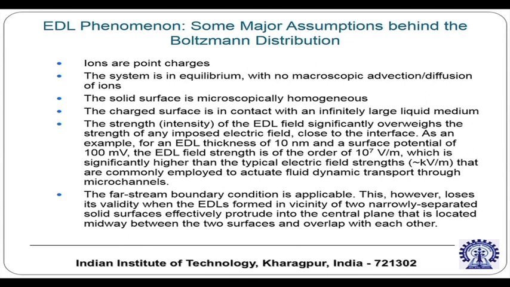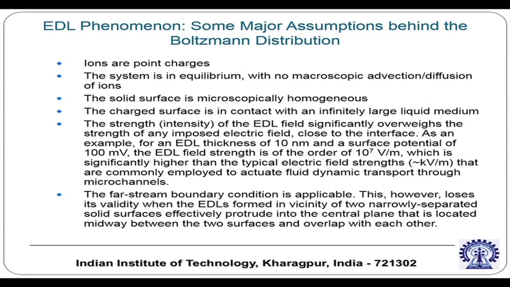Then some of the other assumptions are still okay, but the first stream boundary condition may be questionable if there is electrical double layer overlap, and electrical double layer overlap is important in the nanoscale domain because typical Debye lengths you have seen are of the order of a few nanometers.